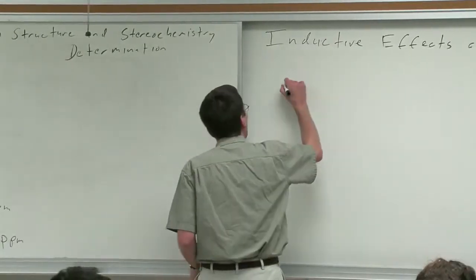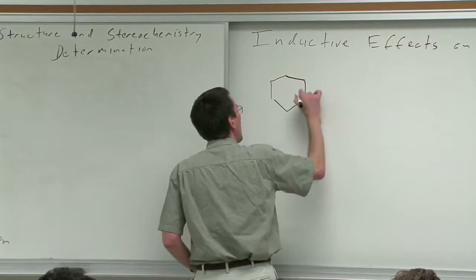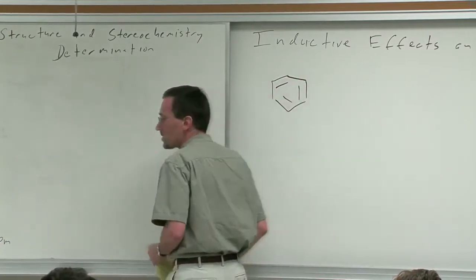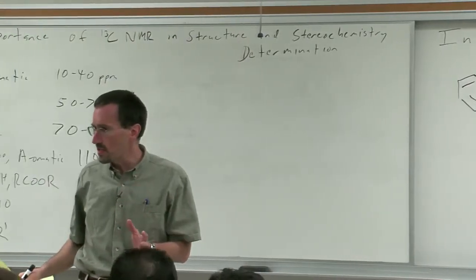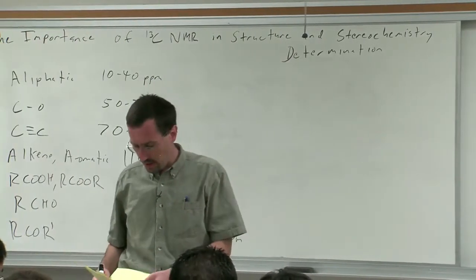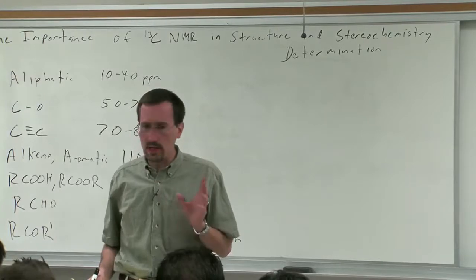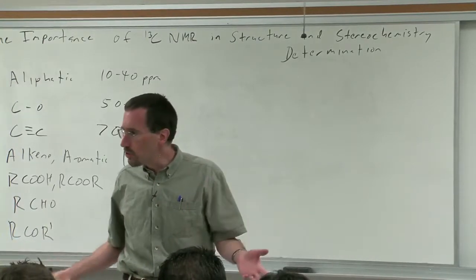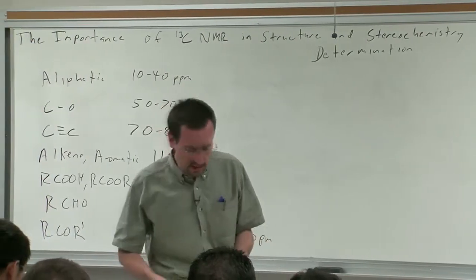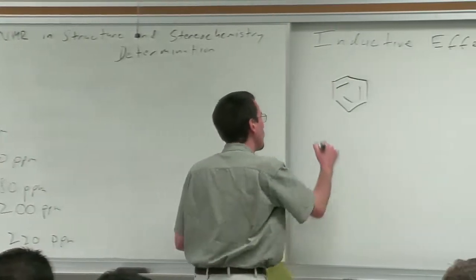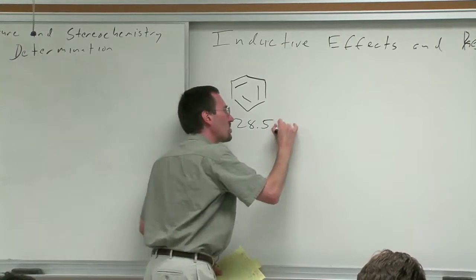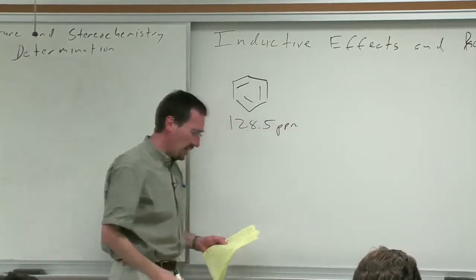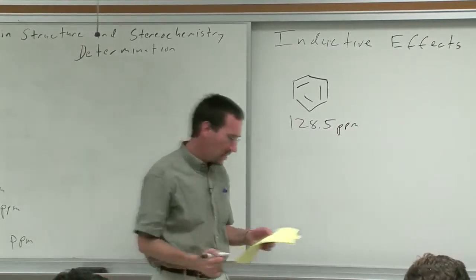We'll start with a simple benzene example. The easiest way to think about chemical shifts is to start with a base value and then perturb it. A great way to think about benzene is that the normal position is 128.5 ppm. Then if you put substituents on it, you perturb things in a rational way.